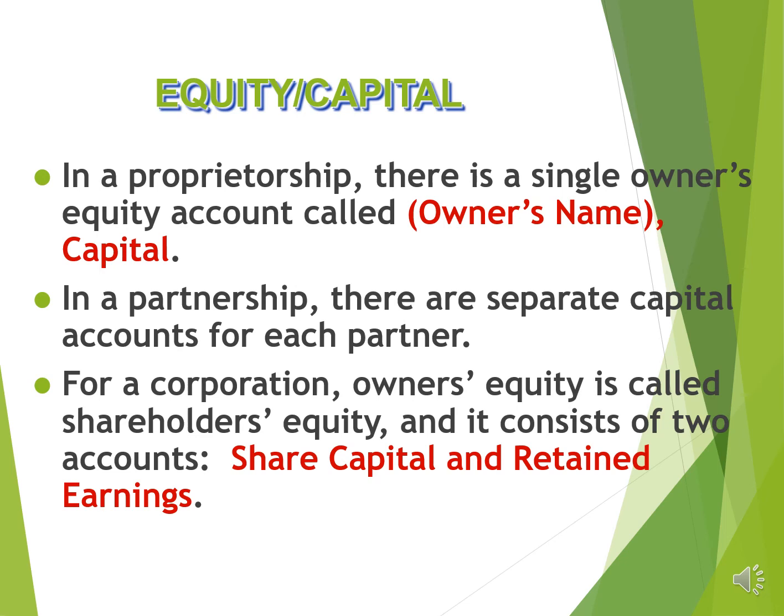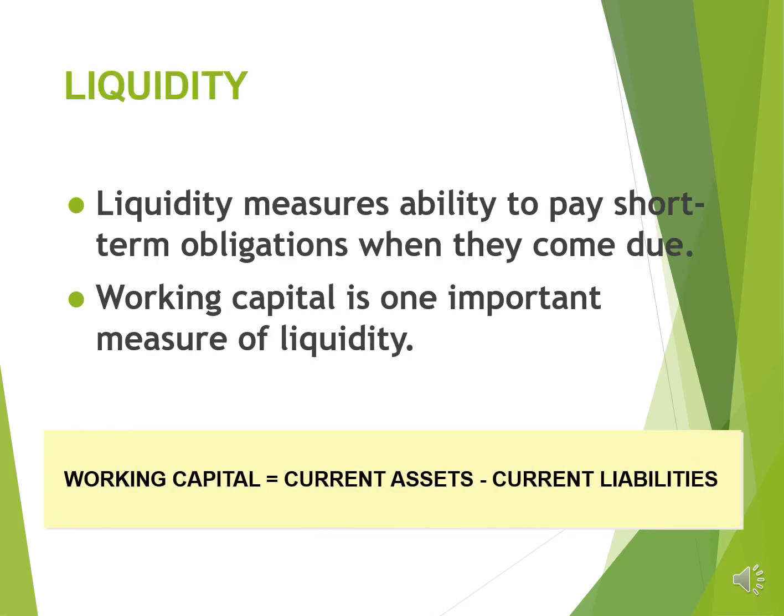It includes retained earnings as well. Then liquidity. Liquidity means cash or bank. Liquidity measures the ability to pay short-term obligations when they come due. Working capital is one important measure of liquidity. Working capital is equal to current assets minus current liabilities.